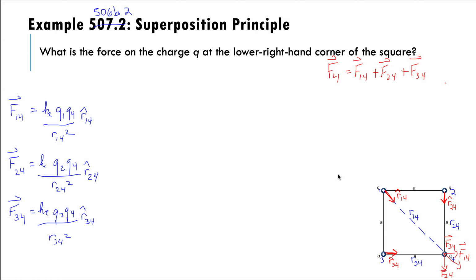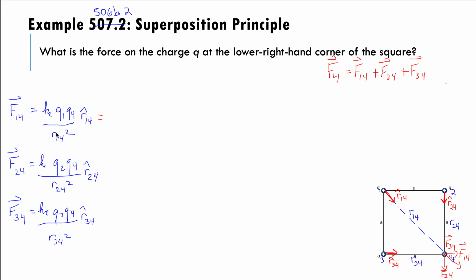The unit vector is from the first charge towards the second charge, towards the charge that we're trying to find a net force on. So our job now is to just fill in what we know for each of the three forces, and then we will add them. So let's take a look at F14.